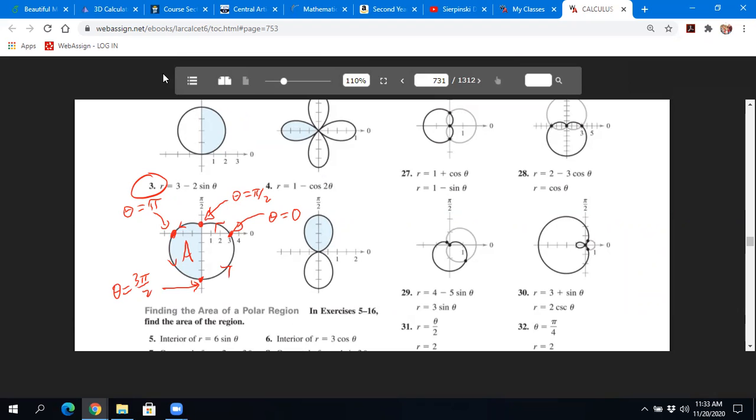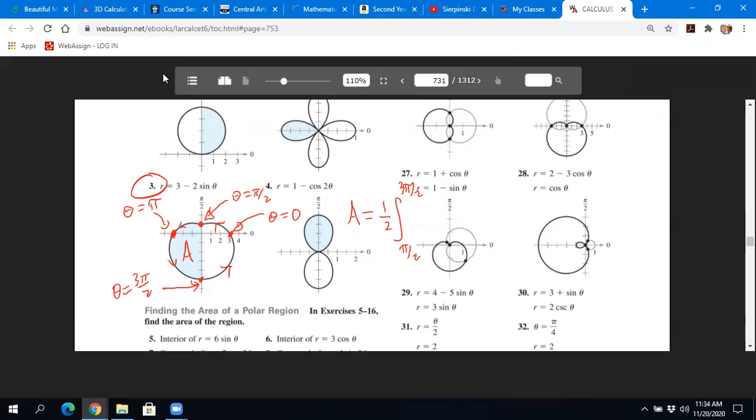So where do I get my region? What values of theta would I have to run through to get that region? Pi over 2 to 3 pi over 2, right? So A would be equal to, now the formula is there's a 1/2, and it's going to be the integral from pi over 2 to 3 pi over 2 of r squared d theta.